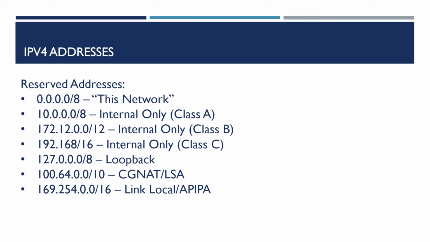Your computer will take on an IP address starting in 169.254. That means that you could still talk to other devices on that network with 169.254 addresses, but you don't really have a default gateway. You don't have a way to send out of that network, but you could talk to other devices on that network.